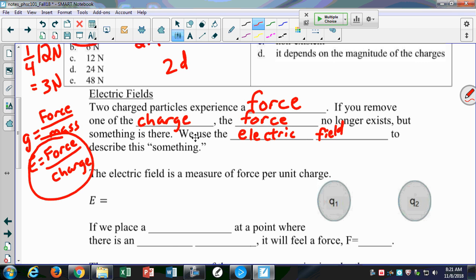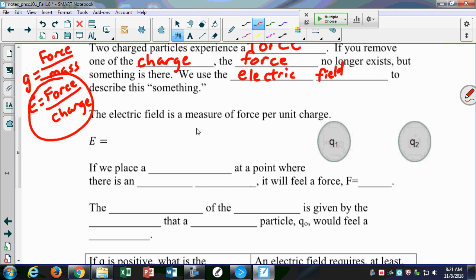As I said, the electric field is a measure of force per unit charge, so E is F over Q. Sometimes you'll see this written a little bit differently as F is equal to Q times E. Wait, where'd you get Q? Oh, that's charge. Oh, have I not used that yet? Oh, I did. We used it in Coulomb's law.